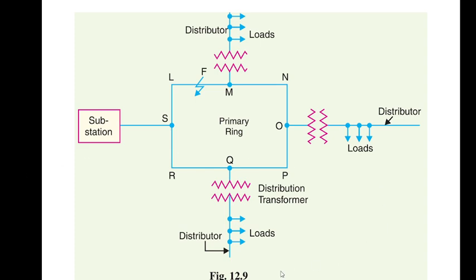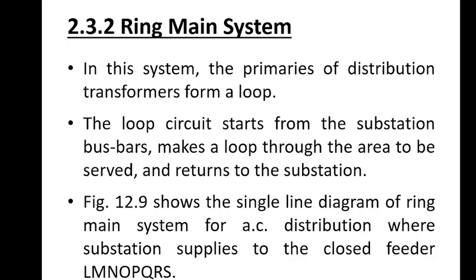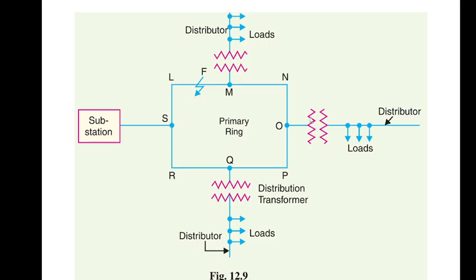So here you can see this loop. As I mentioned, this loop is representing L M N or P Q R S. So this is a loop. If you have a fault somewhere, the customers can be supplied by other paths.